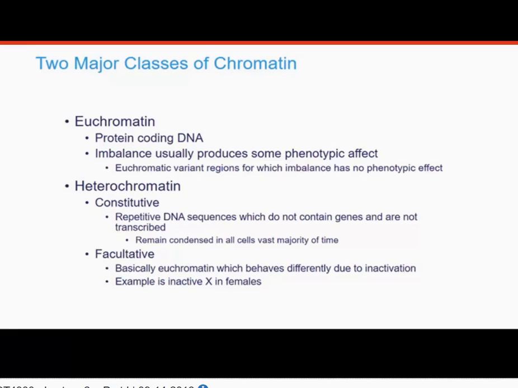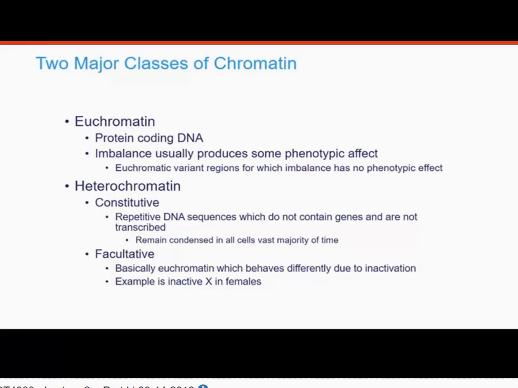What I also want you to appreciate is that there are two major classes of chromatin. So euchromatin, heterochromatin. And the euchromatin does contain the protein coding genes. It also contains DNA that does not code for a particular protein, but it's still active in some way.